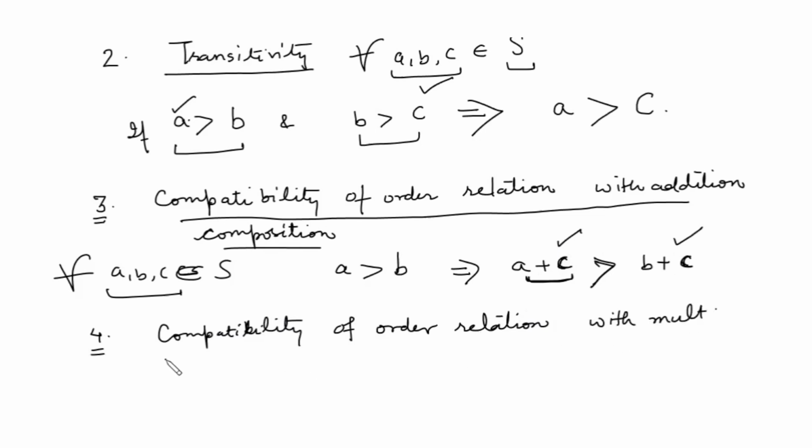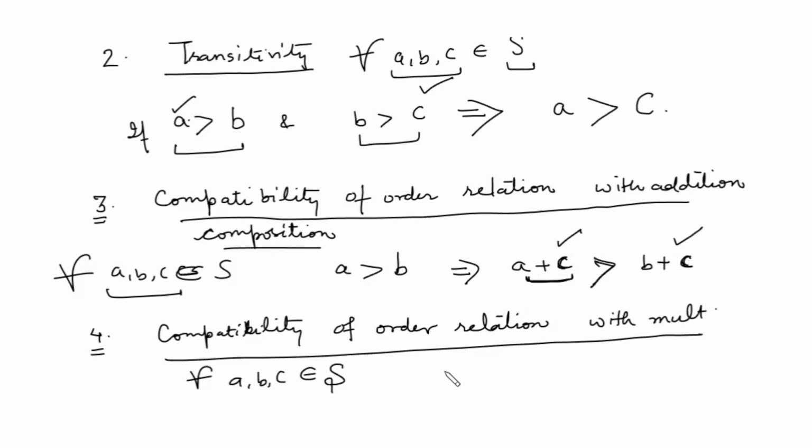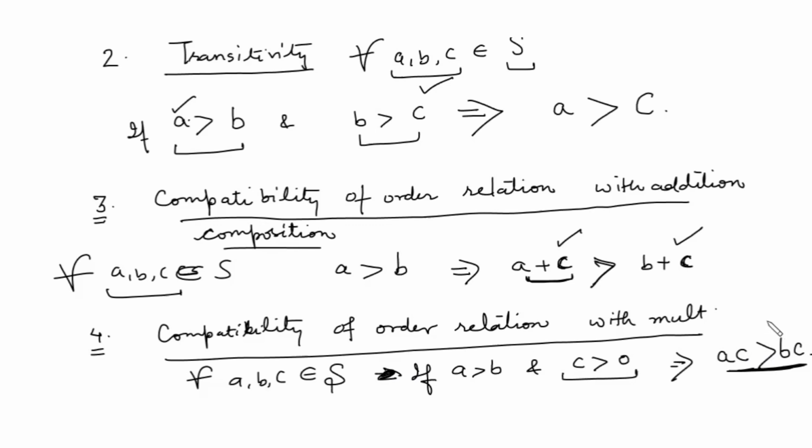This says that for every A, B, C belonging to the set S, if A is greater than B and C is a positive number, C greater than 0, then A times C is greater than B times C. If C is any positive number, you can multiply both sides and the order remains the same.